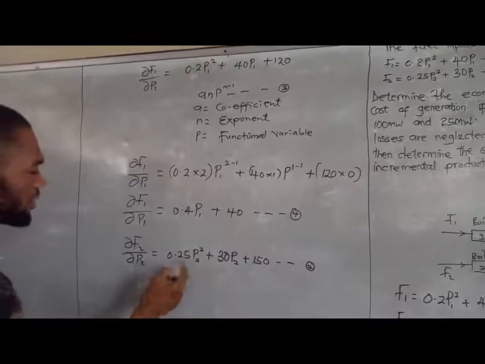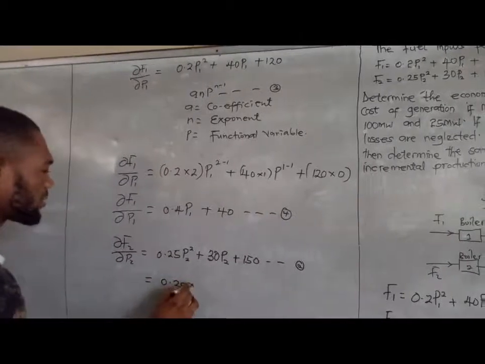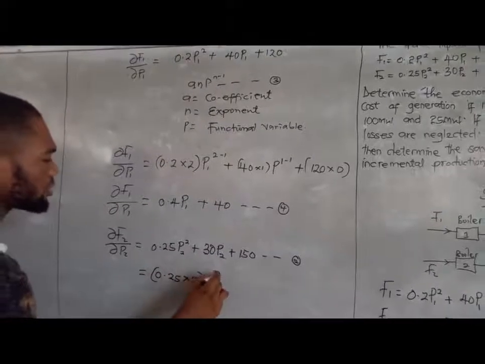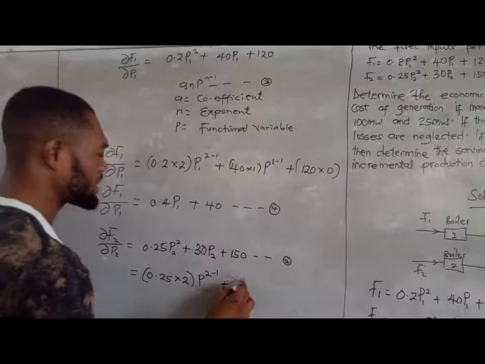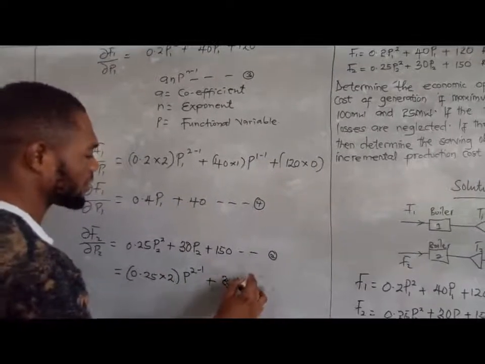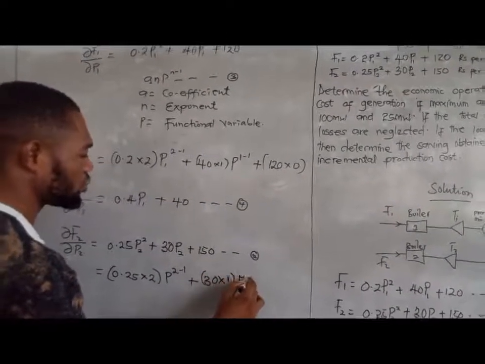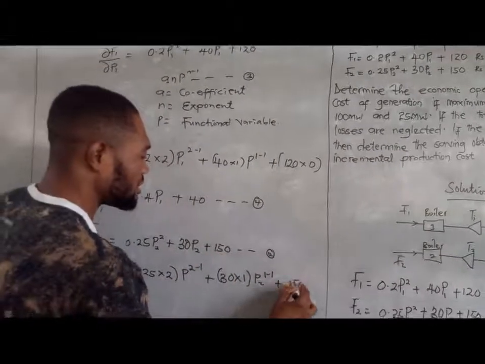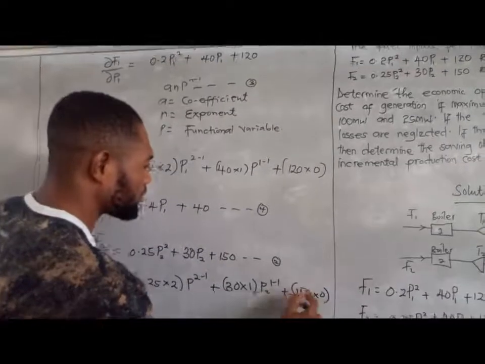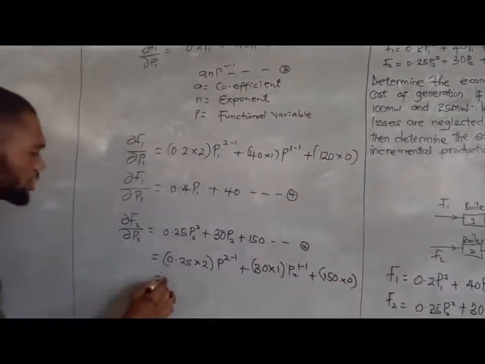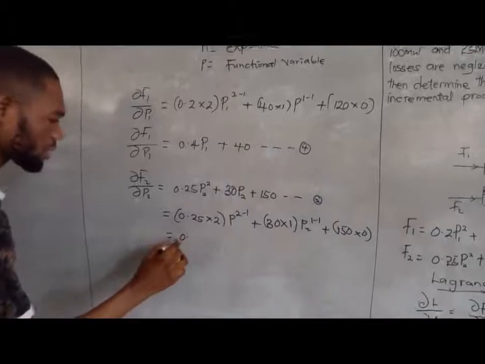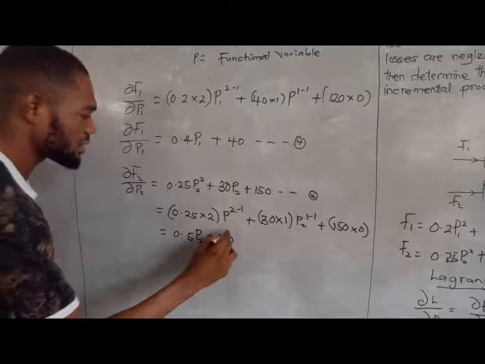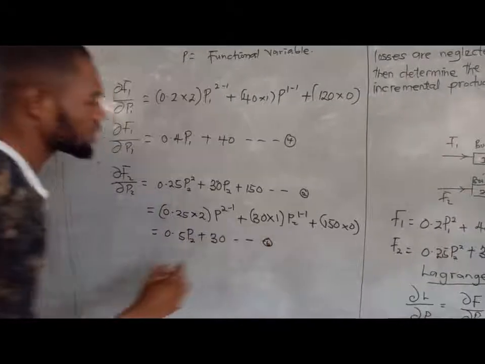We have the coefficient of 0.25 multiplied by the exponential value of 2, P2 to the power 2 minus 1, plus 30 times the exponential value of 1, P2 to the power 1 minus 1. Then for this one, the coefficient is 150 and the exponent is 0. So we have this expression to be 0.5 P2 plus 30. This gives us equation 5.